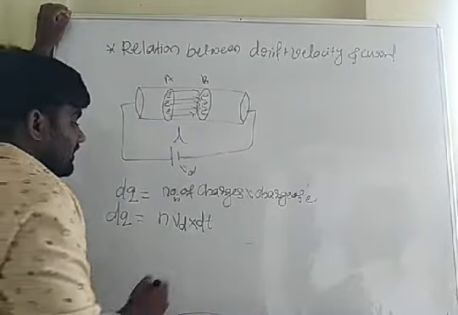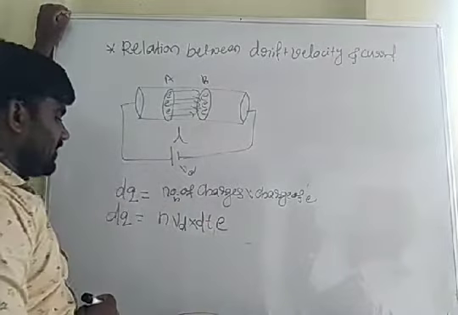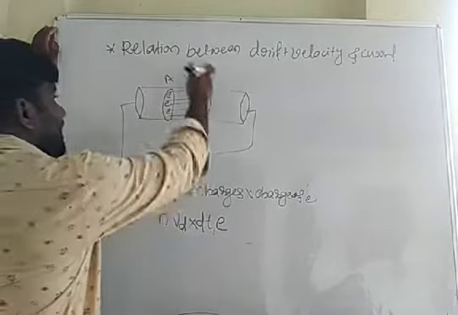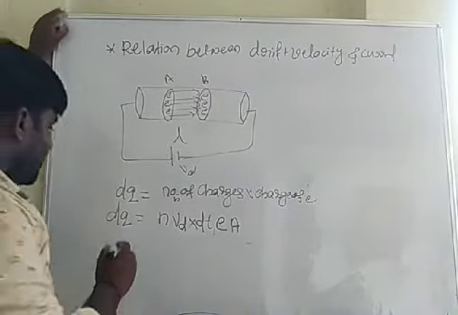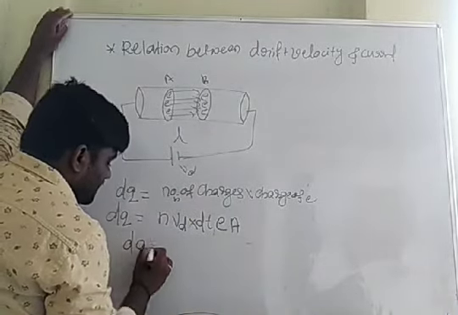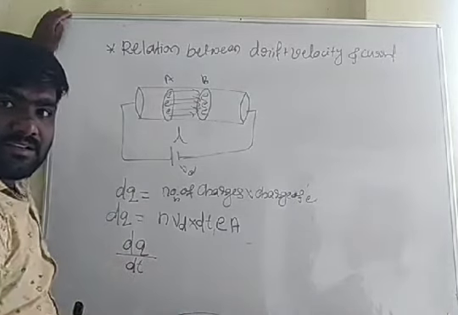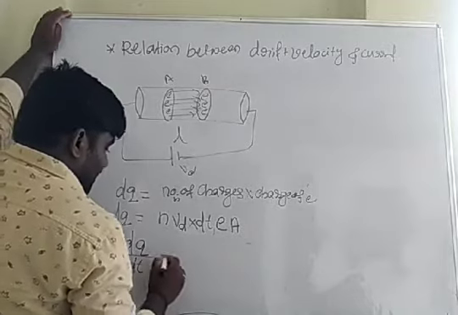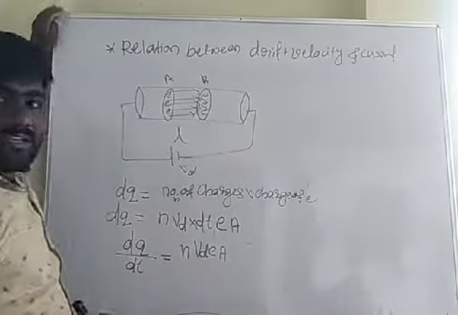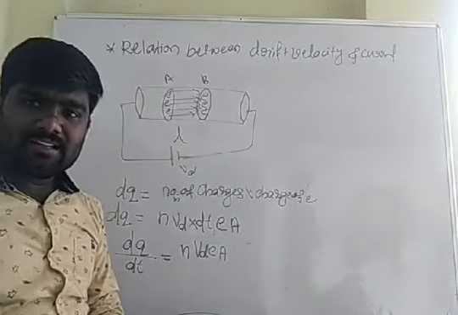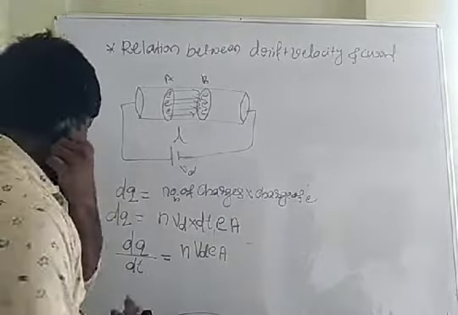If E is the charge of electron, then the area of this cylinder is taken as A. Then dq divided by dt is equal to n Vd E A. What is dq by dt? It is the instantaneous current, or else we take it as current itself.